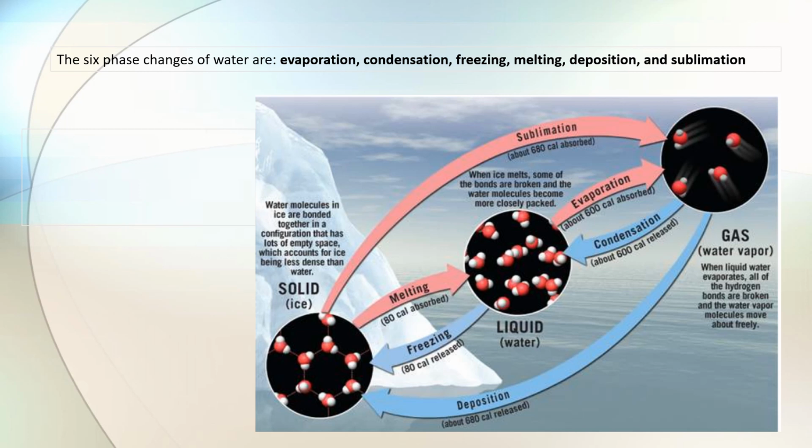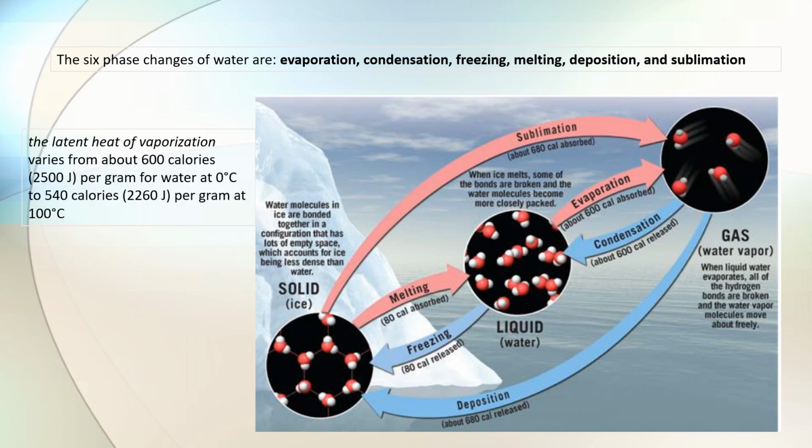Again, this is the same figure. The 6 phase changes of water are evaporation, condensation, freezing, melting, deposition, and sublimation. We've already mentioned melting and freezing.